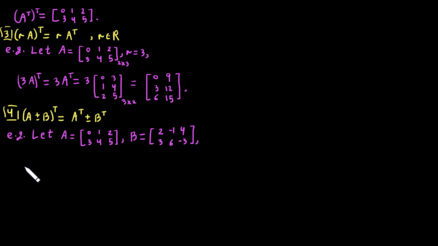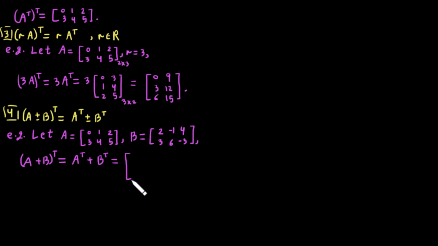And I will choose A plus B. You can choose A minus B, but I have chosen plus here. So if they told you what is the transpose of A plus B, you have to say A transpose plus B transpose, which is here.